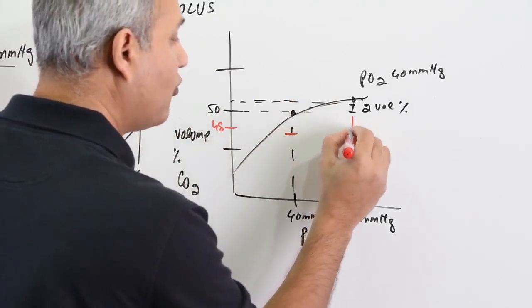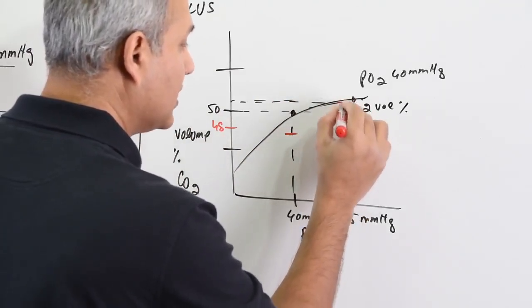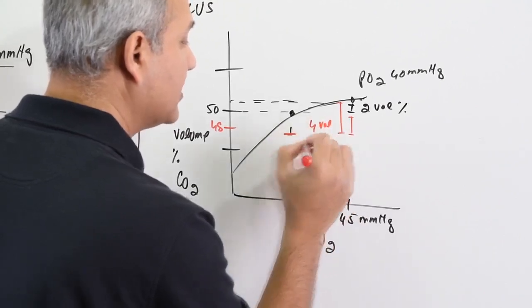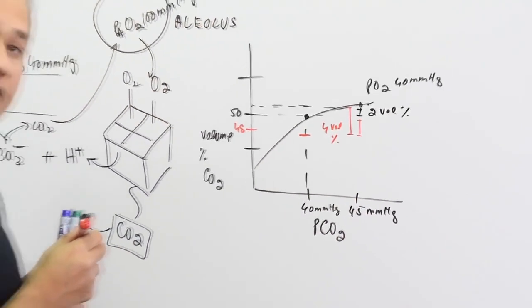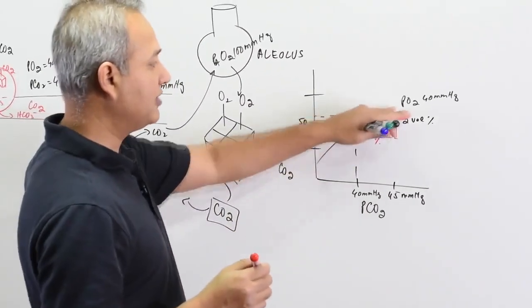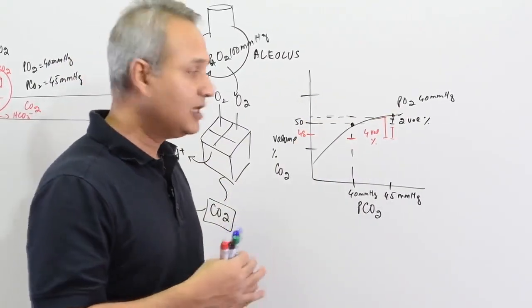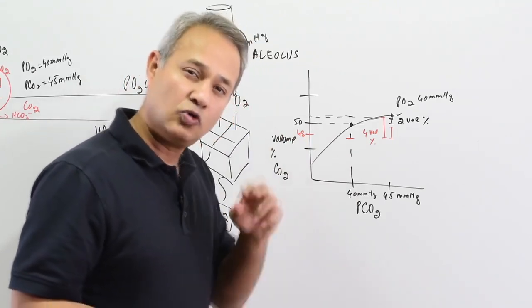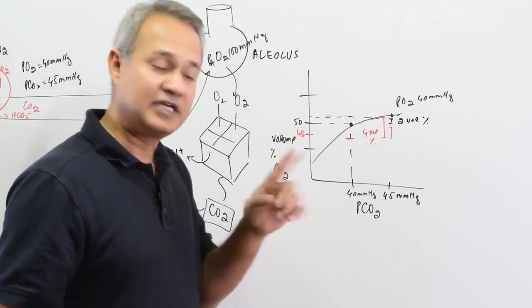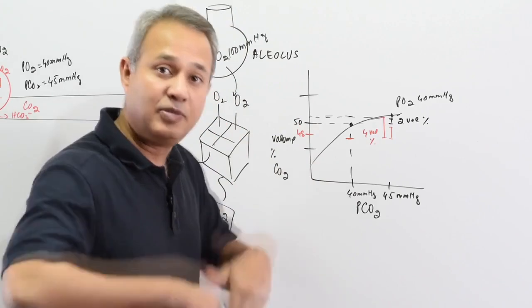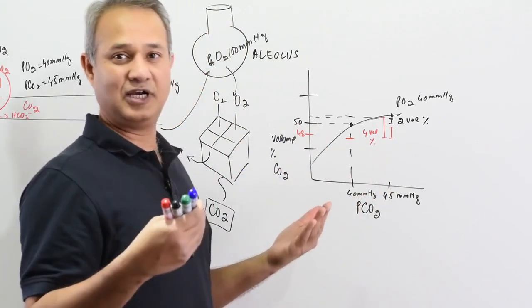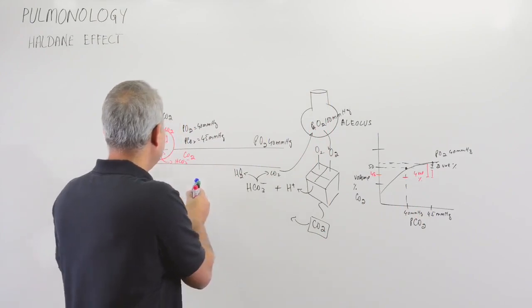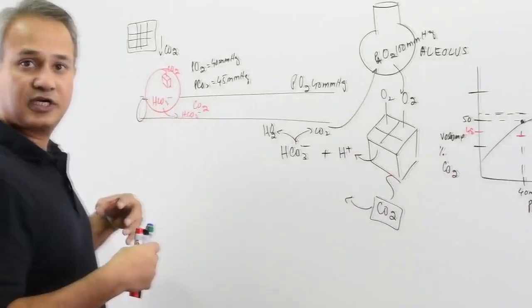So that means 4 total volume percent have been removed. So 2 were going to be removed even if the oxygen pressure stayed the same. 2 extra got removed because oxygen pressure is higher. So increased oxygen pressure doubled the unloading of carbon dioxide. Similarly, reduced oxygen pressure doubles the loading of carbon dioxide.